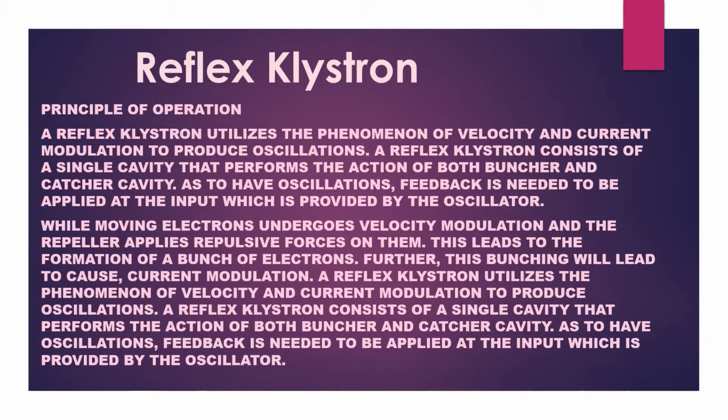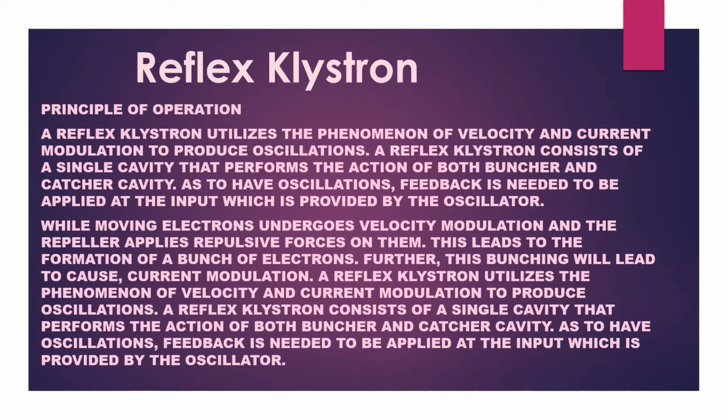A reflex klystron consists of a single cavity that performs the action of both buncher and catcher cavity. As we have seen in the diagram, we have the anode cavity. So this reflex klystron is a single anode cavity klystron which will be used for both bunching as well as catching the electrons.